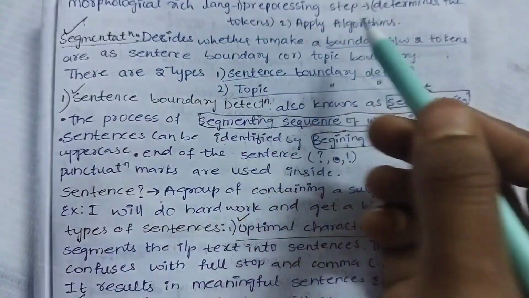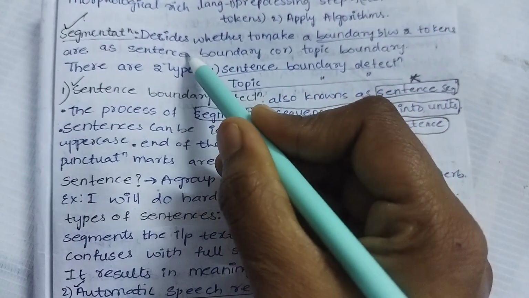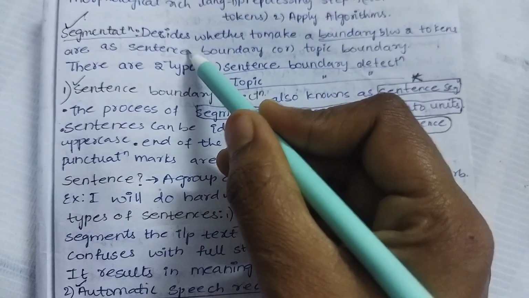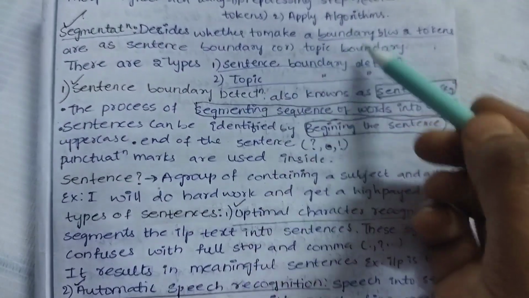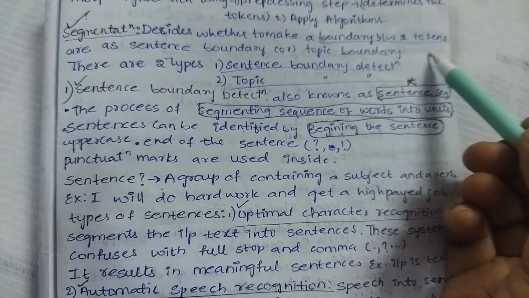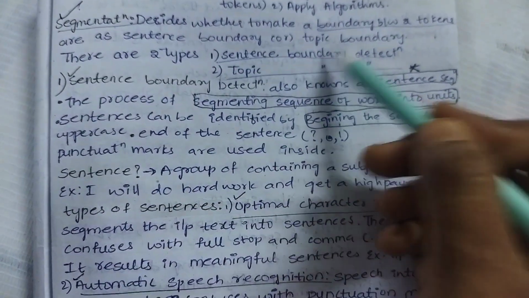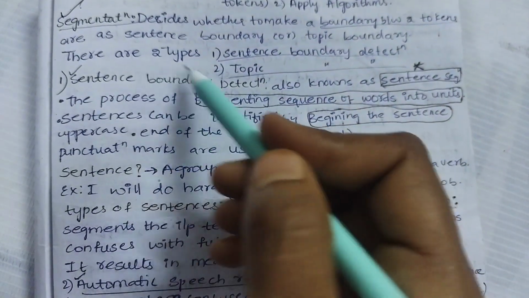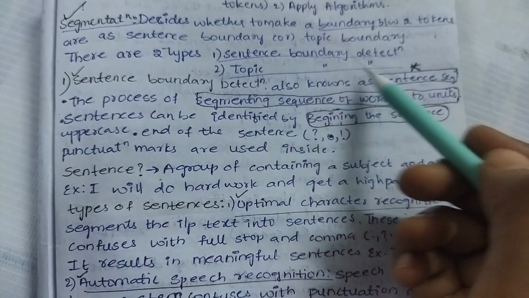The segmentation concept is used for dividing the words into tokens. This concept decides whether to make a boundary between two words or two tokens, or a sentence boundary or a topic boundary.